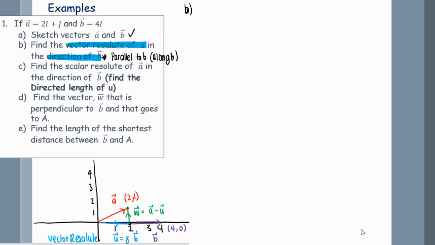Part C. Find the scalar resolute of A in the direction of B. That just means determine whether U is in the same direction as B or the opposite direction of B, and what the length of U is.